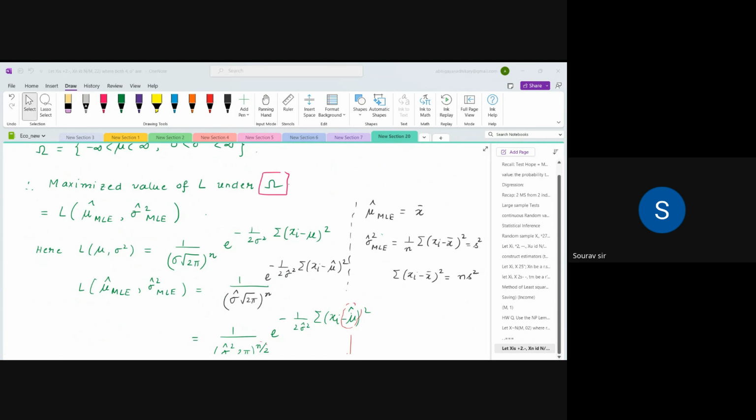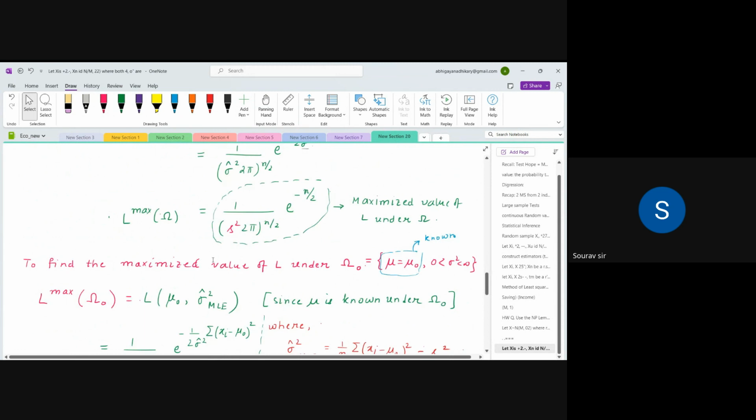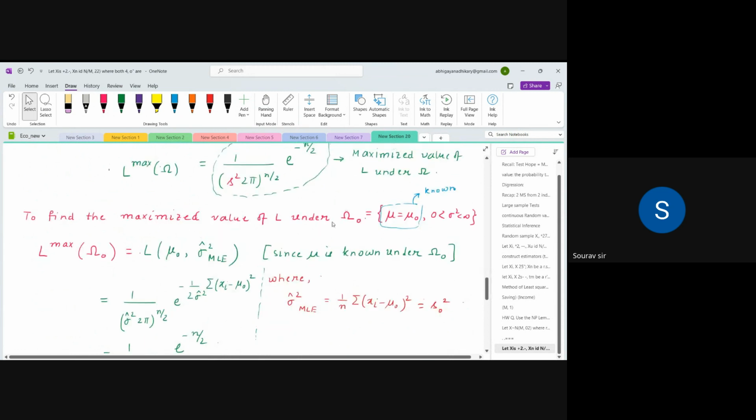Both were unknown, so you replaced both values. And when you came to a similar story under omega naught, mu was known. You are aware of the value of mu, so the estimate was mu naught. And the sigma square estimate was chosen accordingly.